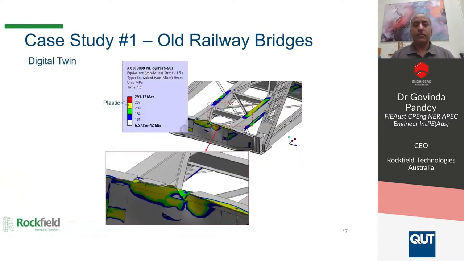And as a result, what you've got is a digital twin that you can utilize not only to understand the risk profile of the assets, but if there is a change in loading pattern or any sort of strike or impact events, then you've got your digital twin available to assist in making the decision.